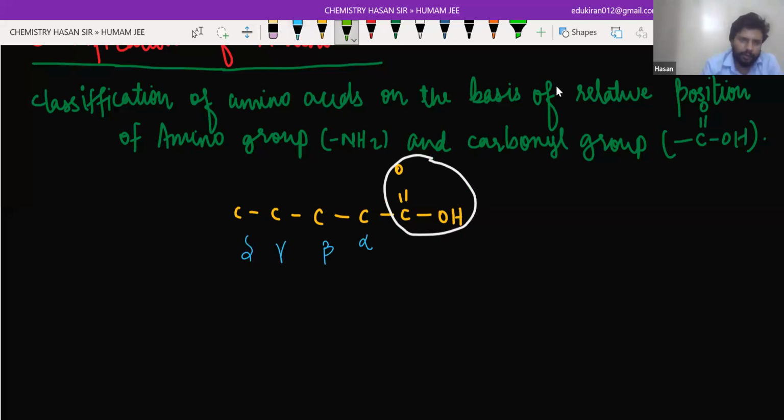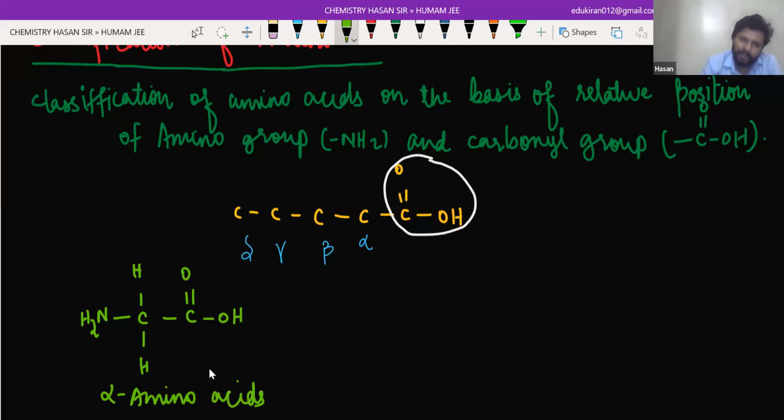Now, if you have C double bond OH, carboxylic acid, and this is your C, H, H, that means the alpha carbon, if NH2 is connected, this is called an alpha amino acid, and its name is glycine.